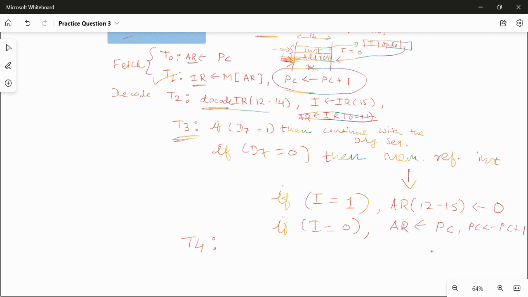Originally, for the basic computer, the effective address is required to be read only for indirect memory reference instructions. But now, as we have changed the configuration, in both cases, whether I is equal to 0 or I is equal to 1, you have to read the effective address in AR. So for I equal to 1 or I equal to 0, you can give a common micro-operation for reading the effective address, which is the same as the original third phase of the instruction cycle, M of AR to AR.